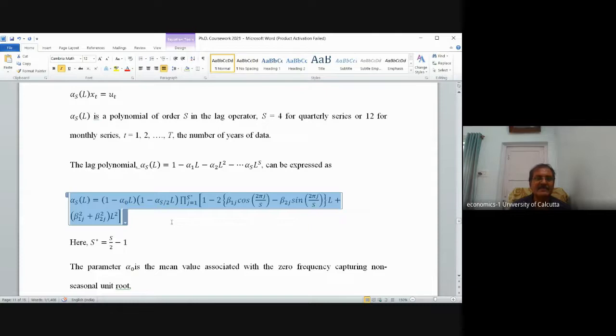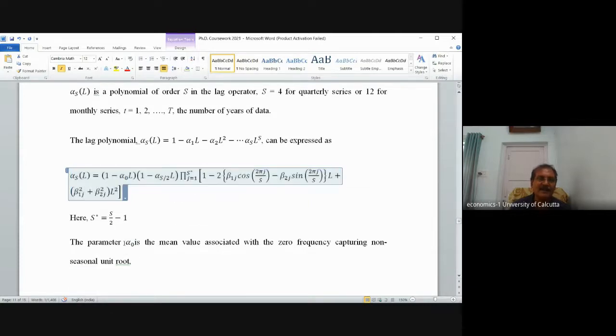Now in this expression, again, alpha naught captures the non-seasonal stochastic trend, or it is the mean value associated with zero frequency, capturing the non-seasonal unit root.